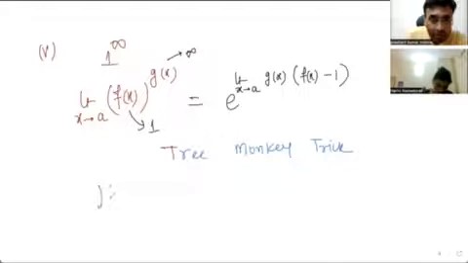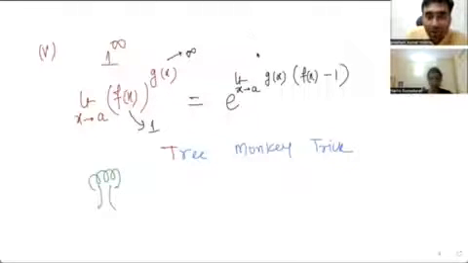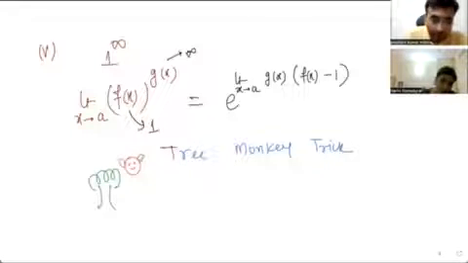Let's say we have a tree here, and on that top, a monkey is here. The same thing, the tree is like 1 and the monkey is like this infinity.